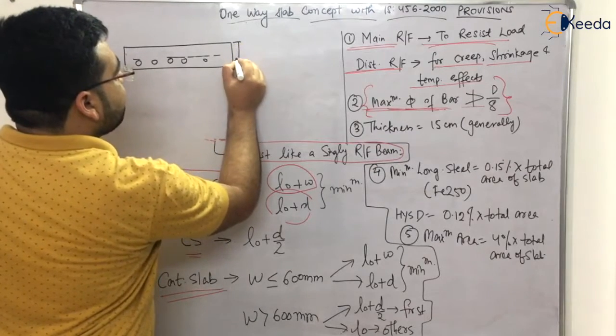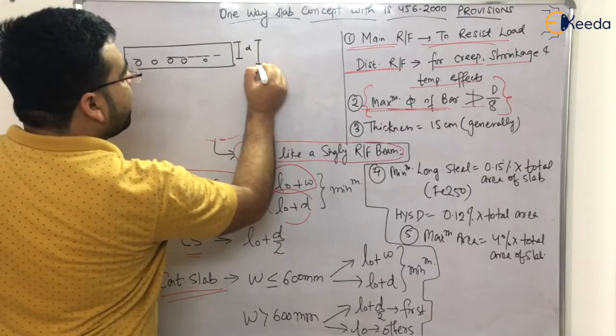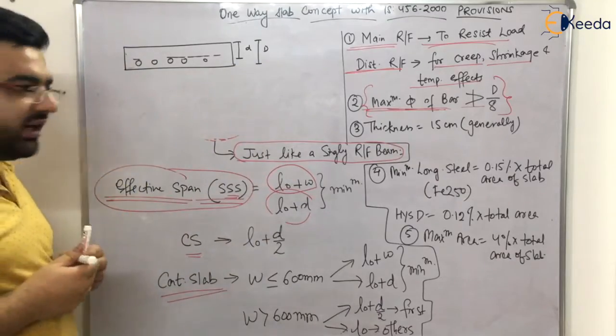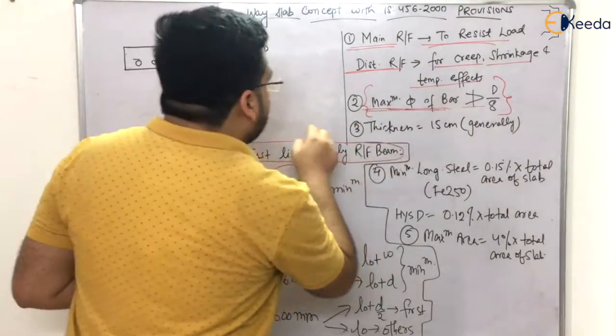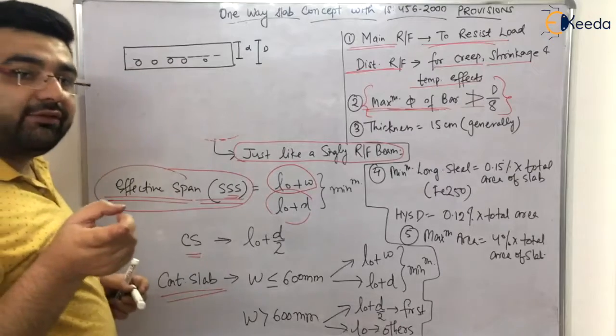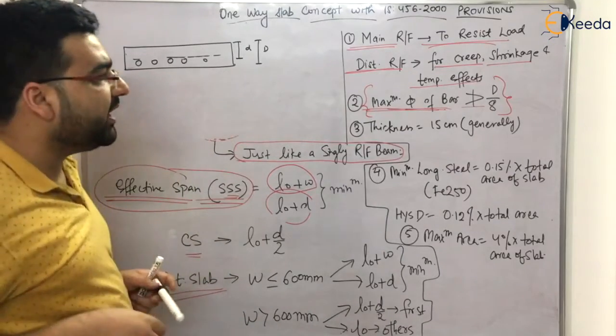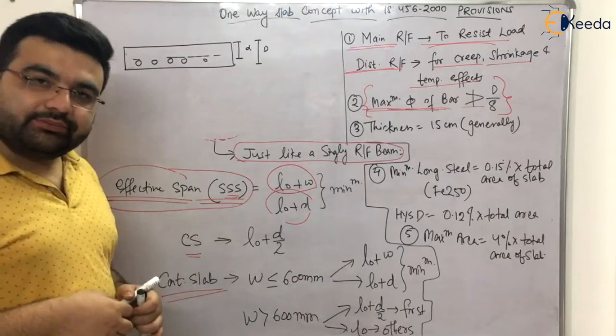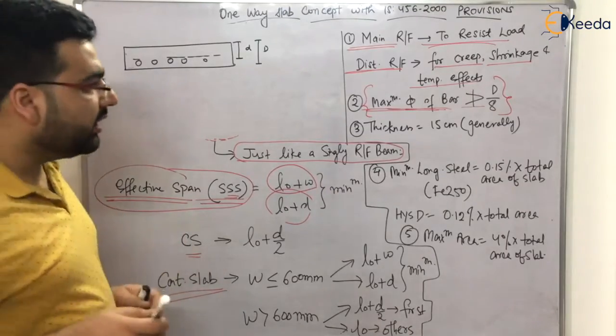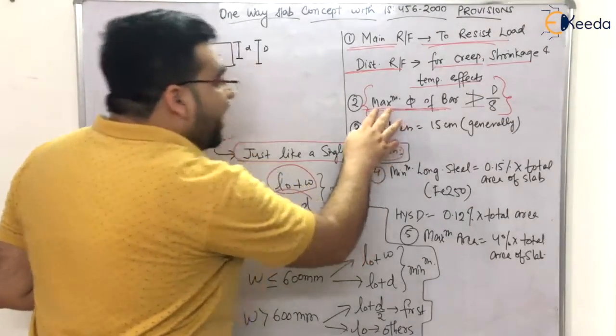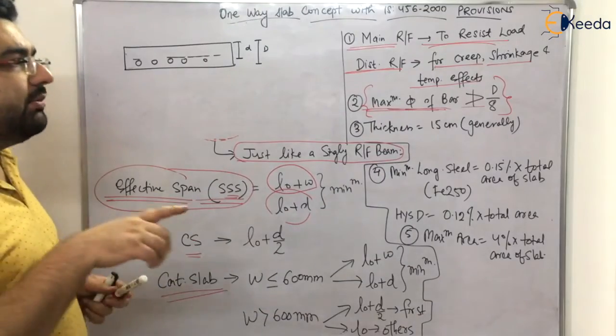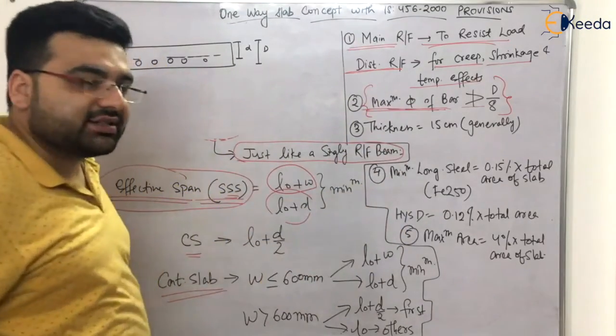So small d is the effective depth, and capital D is the total depth, right? So the maximum diameter of the bar which you are using for the main reinforcement, not for the distribution reinforcement, should not be greater than D by 8, right? Okay. Now it also has some minimum diameter provisions, which I will be telling you. But first of all, let us discuss this, right?